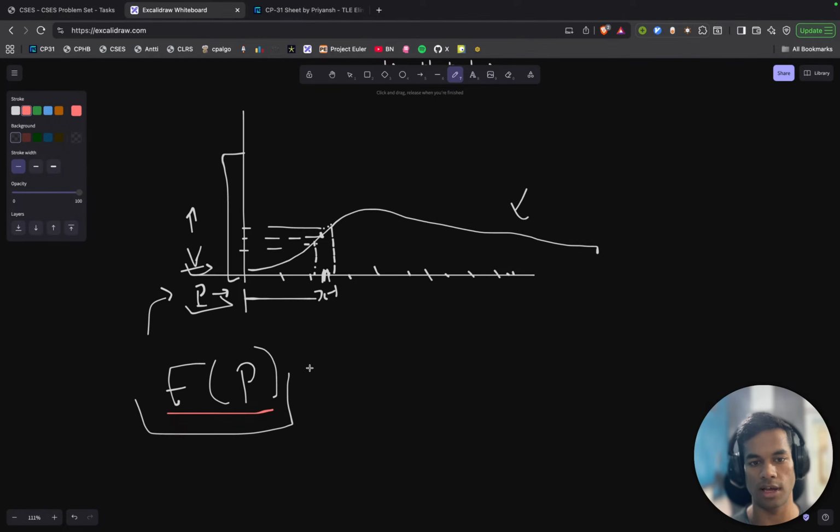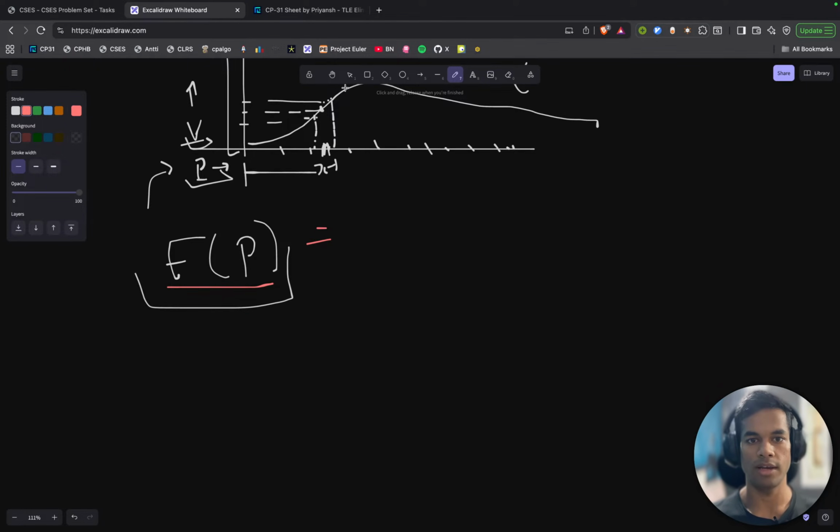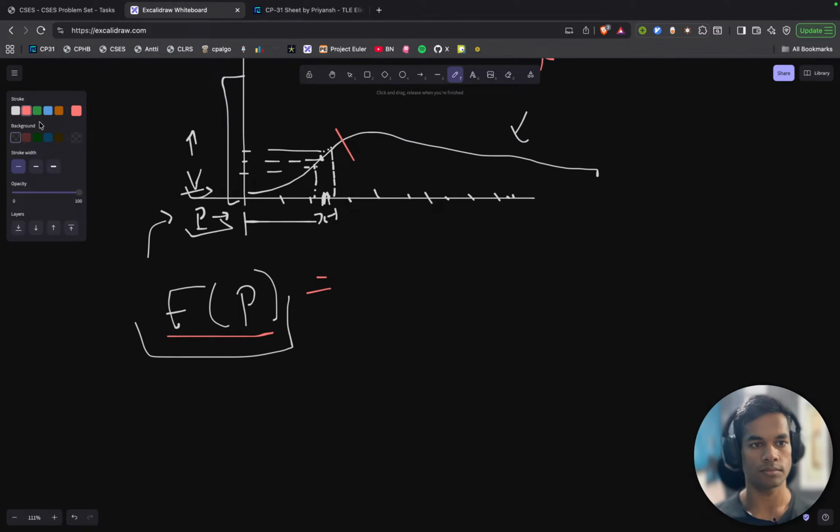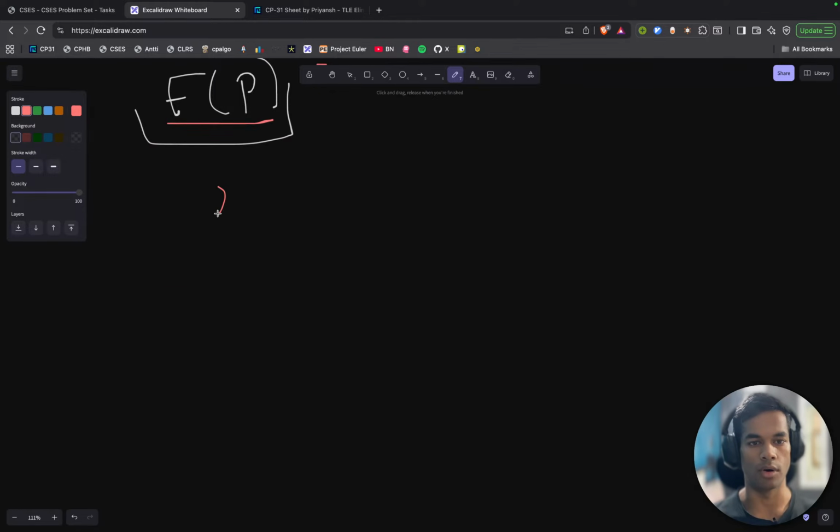And how it is calculated is, let's say you have discrete values. Let's talk about discrete probability before moving on to the graph, or maybe we won't even move on to the graph. Let's say you have a bunch of values.